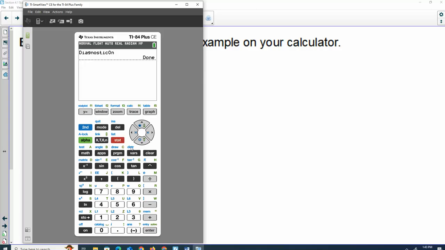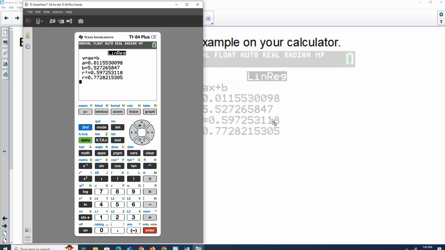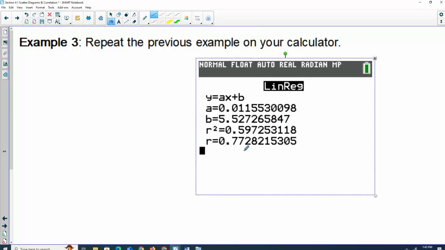But now I want you to go to stat, calculate, and we want number 4, the linear regression. It should say x is L1, y is L2. So just enter through that to calculate. And I have different data in my calculator. I didn't put in the data from our set. This was from the previous example.